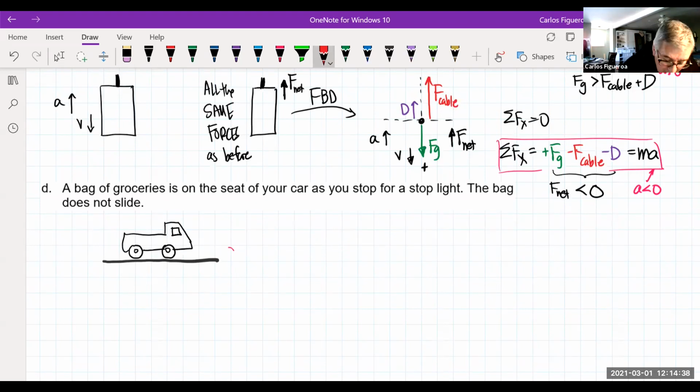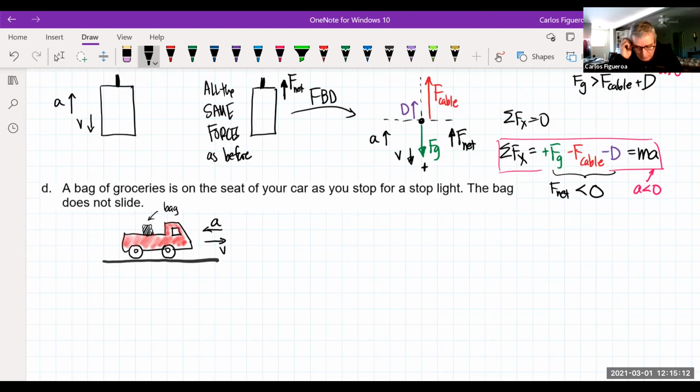Right? And let's say you're driving a red pickup truck. And what we know here is that this red pickup truck is slowing down. So we know that it's decelerating. We already know that there's a net force that has to be going in the opposite direction. So now, here's my bag. This guy right there is the bag.